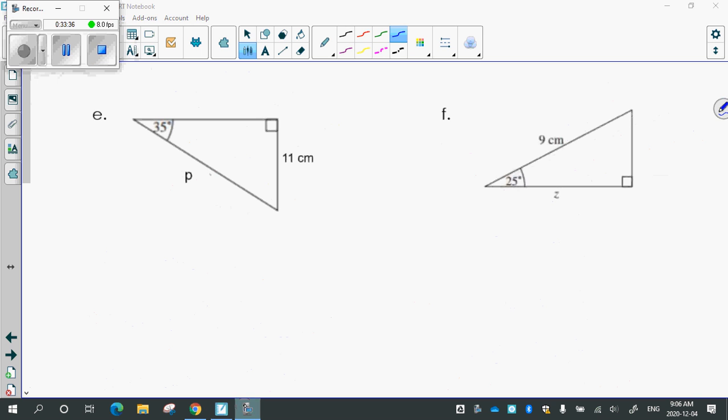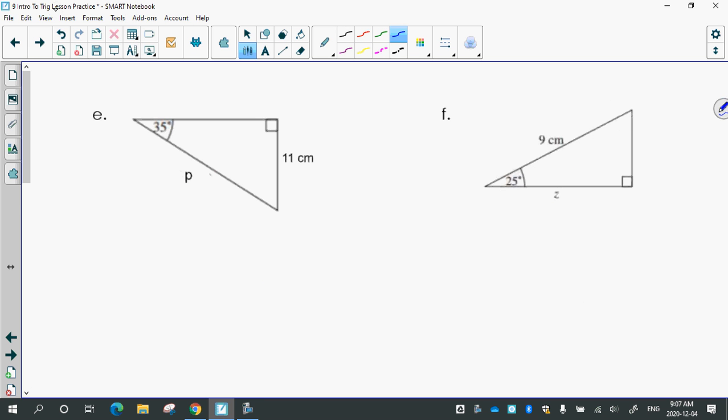I'll pause it. Cross off the adjacent. And then opposite and hypotenuse is sine.